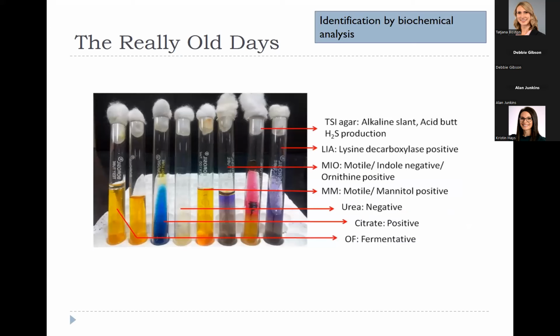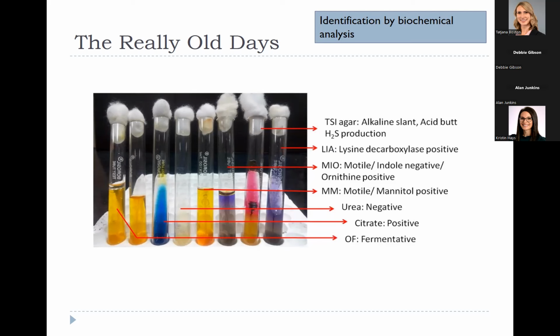This is the really old days. Believe it or not, this is even kind of before my time. We would have all these tubes with different media in them, looking at different biochemical reactions. Does the bug utilize citrate as a carbon source? Does it ferment mannitol? All these different tests we could tell from the color of the tubes.